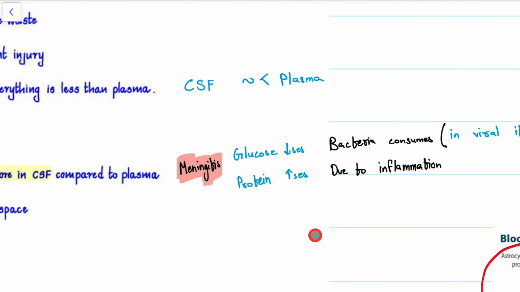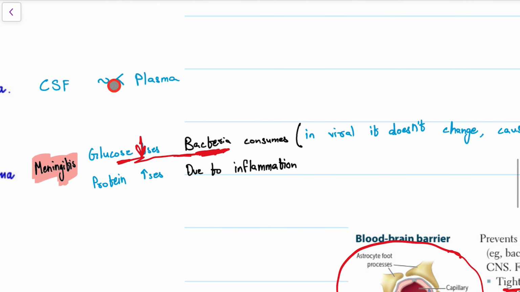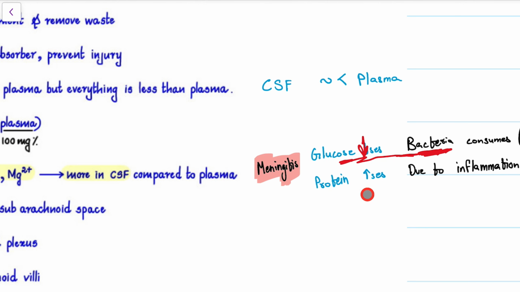For example, if it's a bacterial meningitis, there is the presence of bacteria, right? Bacteria require energy to grow. Therefore, they consume the glucose and decrease the glucose levels. Whereas in a viral meningitis, viruses don't actually require glucose, so the level is somewhat less or in the normal range itself. And during inflammation, the protein levels in the CSF increase.